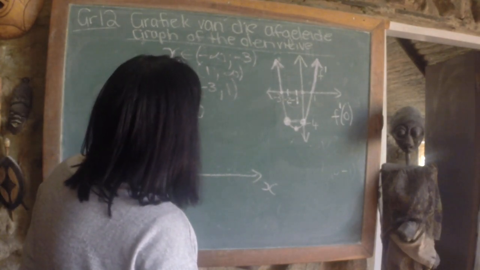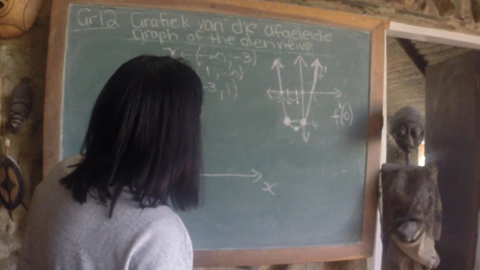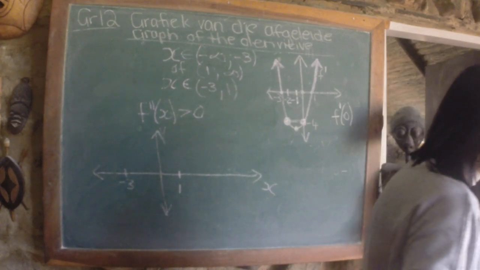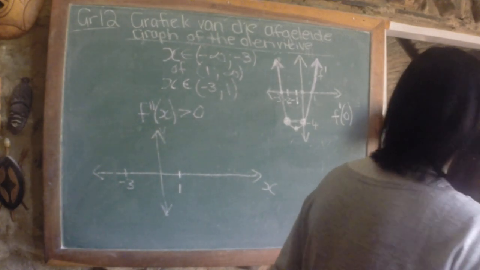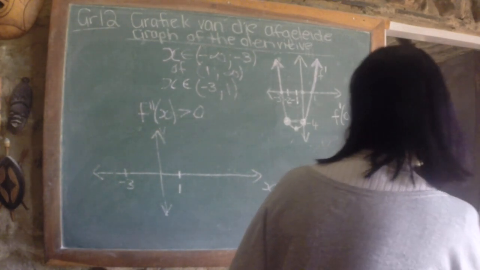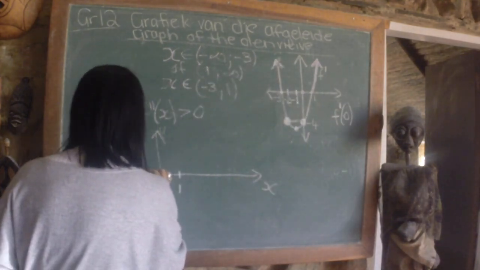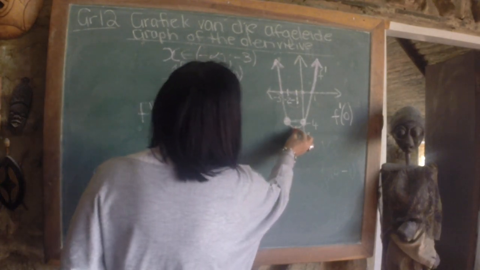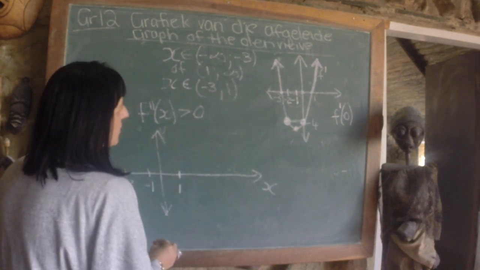Okay, and then we also know the point of inflection is at the x value -2. -1, so we'll put in a -1. That will be the point of inflection.